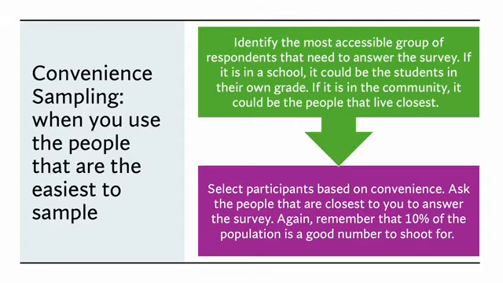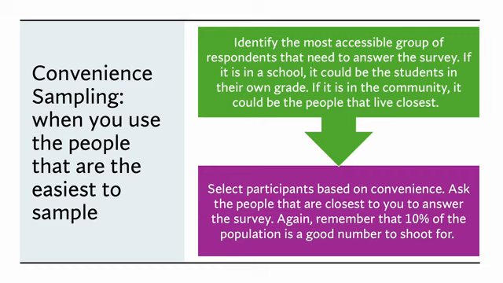The next one is convenience sampling, and I think most high school kids do this one, but it's really just using the people that are closest to you. So just identify the group of people that you want to talk to, and then if it happens to be the people in your community and you just want to stand out on a corner and grab the people that walk by you right after school, then that is convenience sampling.